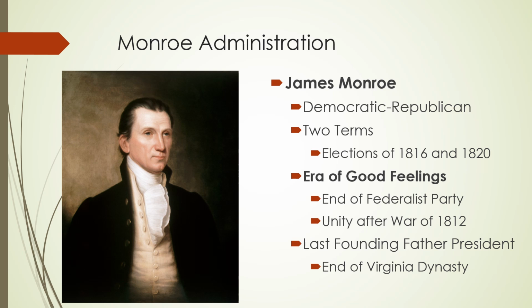In fact, there's so much political unity that Monroe is almost unanimously elected. If you remember, we said that George Washington was unanimously elected twice by the Electoral College. Monroe comes pretty close. It is by design that he is not unanimously elected.